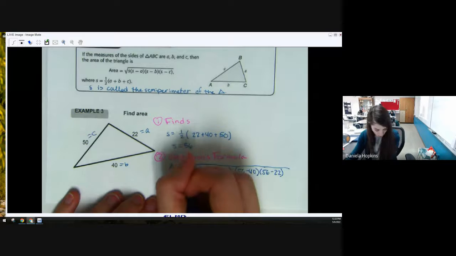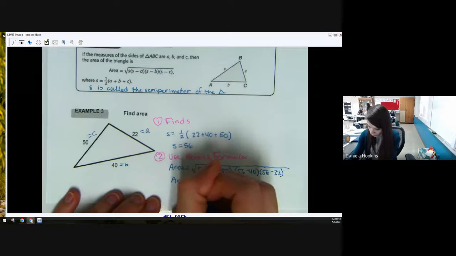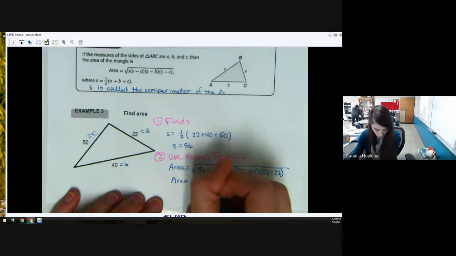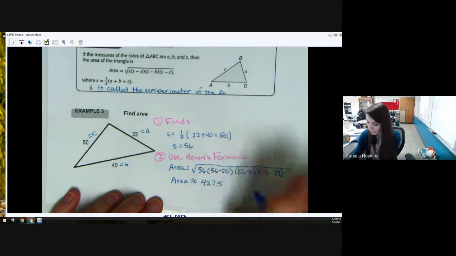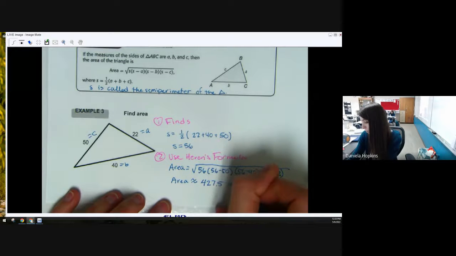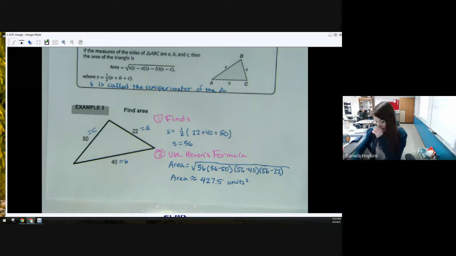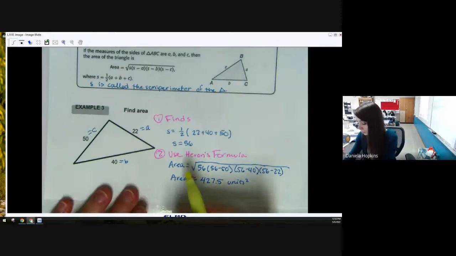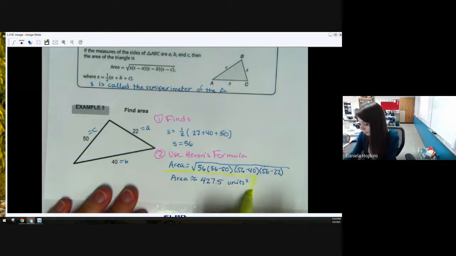And so your area is approximately 427.5. I didn't give you units, but if you had units, it would be units squared, because that's how area works. So this is the area formula when you're given side, side, side.